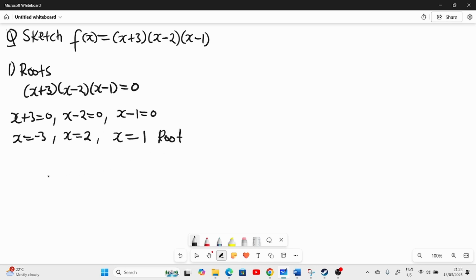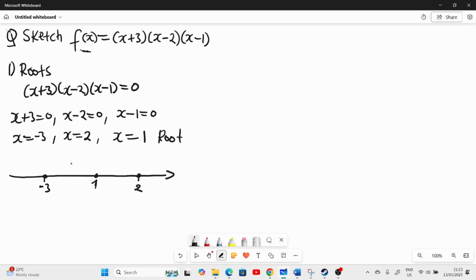So what does it mean? It means that on the x-axis, this given polynomial is cutting the x-axis, first at -3, second at 1, and the third at 2.